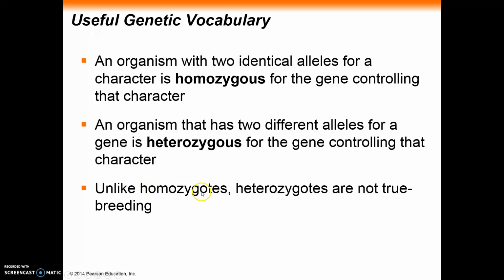And unlike the homozygotes, heterozygotes are not true breeding. So when you are heterozygote, you can contribute two possible versions to your offspring, and it'll be up to chance which version they get.